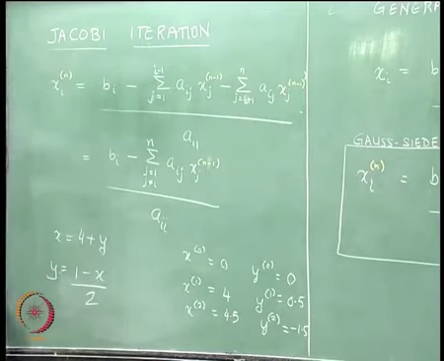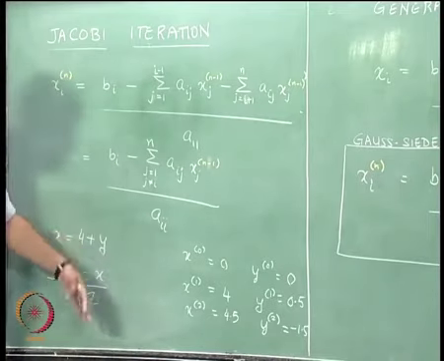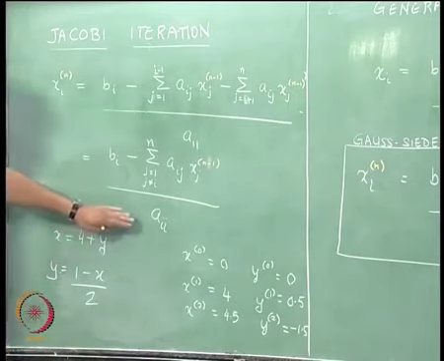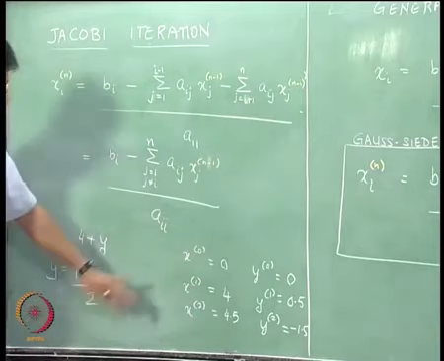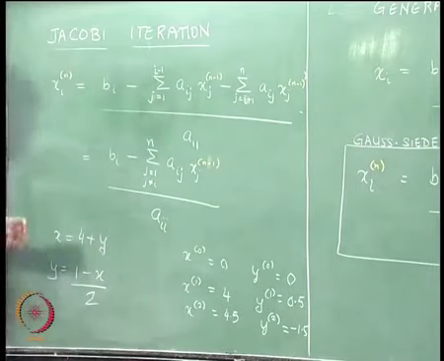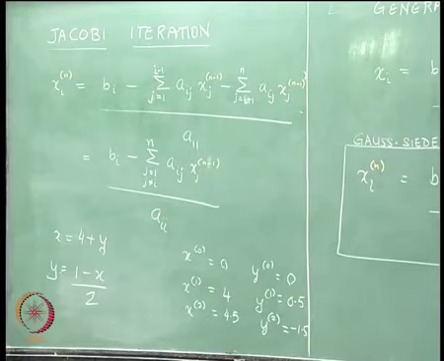What we will see is that the conditions for convergence of the Gauss-Seidel method as well as the Jacobi iteration method remain the same. Only the procedures differ from each other in their details. So that is about the Gauss-Seidel iteration and the Jacobi iteration.